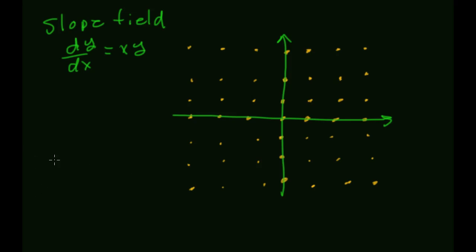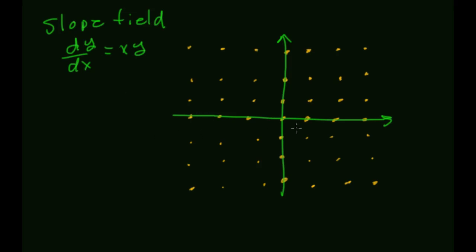Now, what we want to look at is, if I were to put the locations of these dots in here, what would the derivative be? A logical place to start is that if either x or y is 0, then the derivative is 0, which means the slope of a solution has to be 0 at that point.